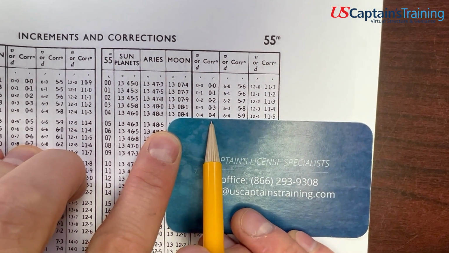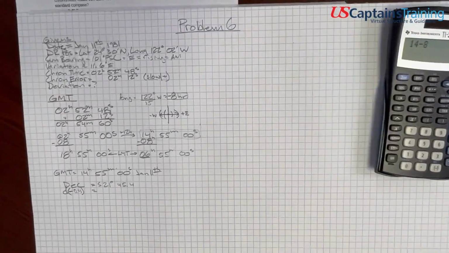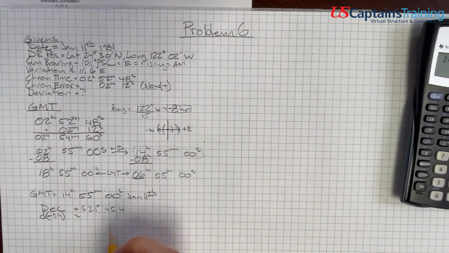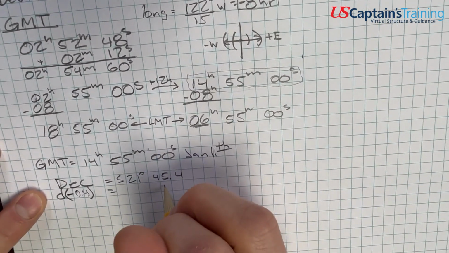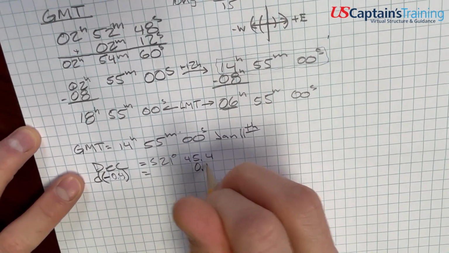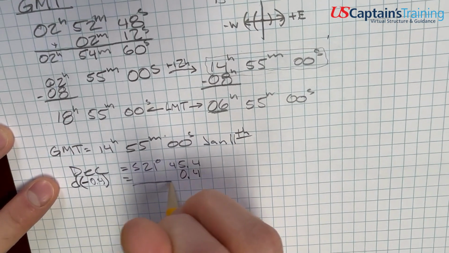The correction is 0.4, and we already figured out that we're subtracting it because the declinations were getting smaller as we look to the next hour.